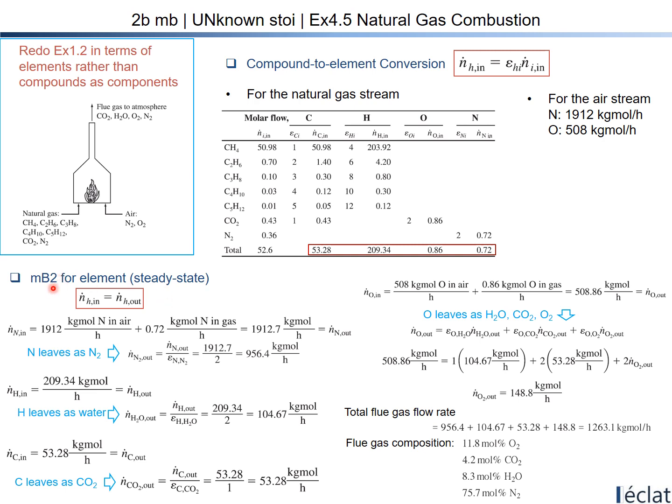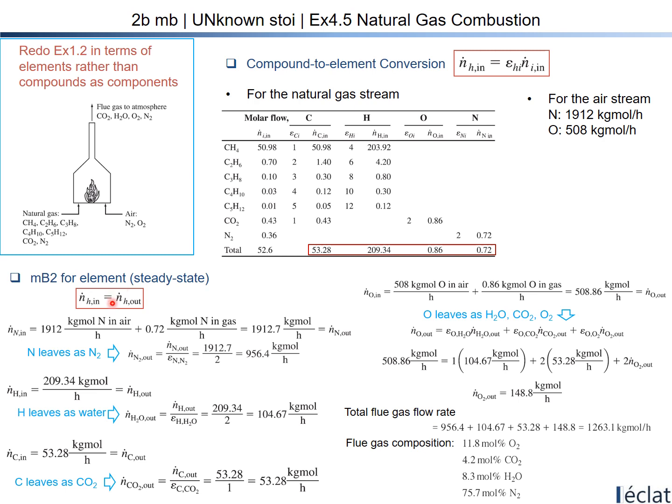There is no accumulation for this steady state operation in continuous flow mode, so it's in minus out, plus no generation, no consumption. That is to say, for each element, in is equal to out. It's very simple. That's it.